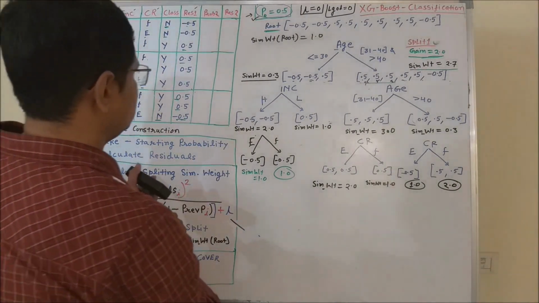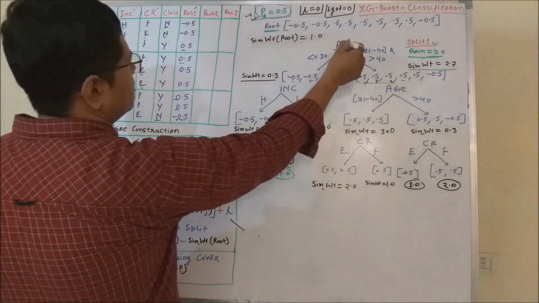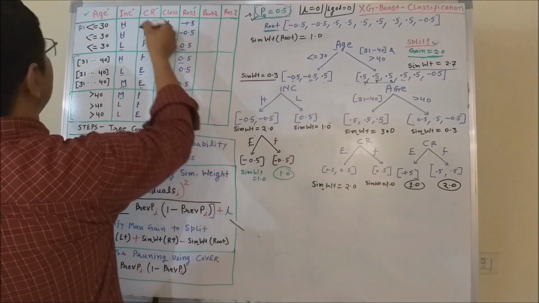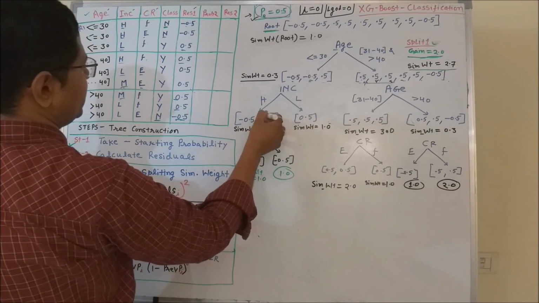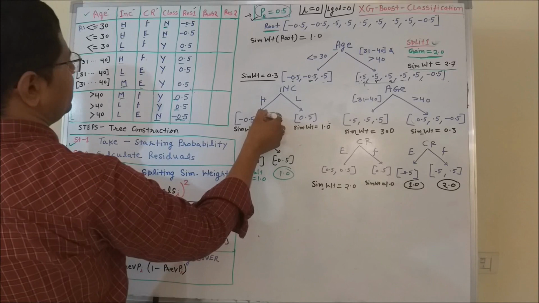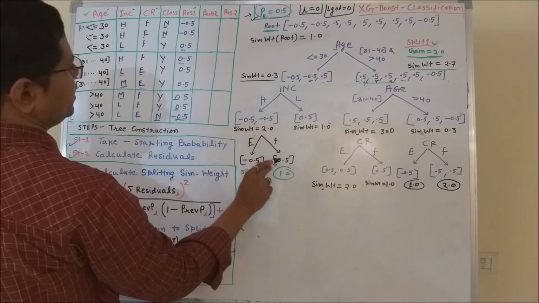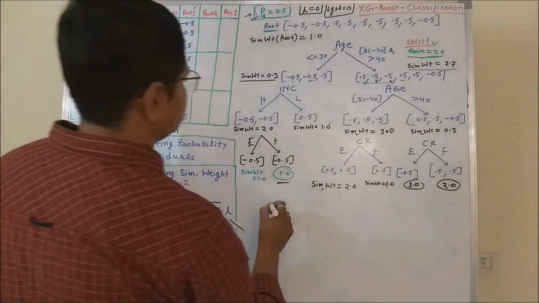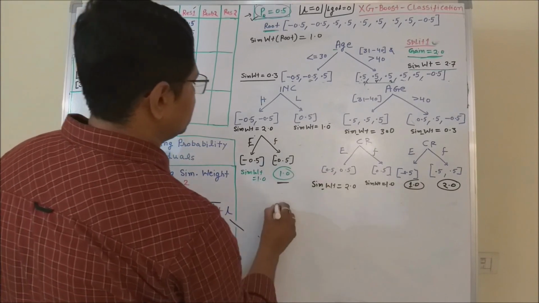now let us traverse the tree for record 1. Age less than or equal to 30, you will travel like that, and after that income is high, so you will get here, and again for income high, credit rating is fair, so your similarity value is 1. That similarity value will be used in the computation.